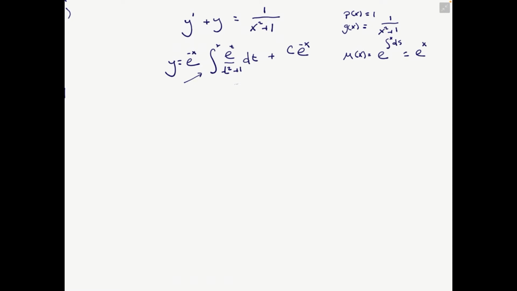And initially I thought, well, I got a t squared plus 1 in the denominator. Maybe I could try a substitution. So I did x equals tangent theta, and then dx is secant squared theta d theta, and then we have 1 plus tangent squared theta, but that's equal to secant squared theta.